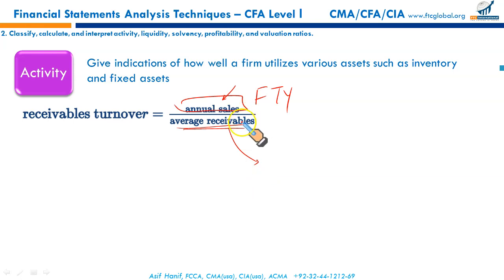So instead of just using a balance sheet number, if it is possible, calculate the average receivable: take the opening balance of receivables plus closing balance of receivables and divide it by 2. Remember, you have to take the net average receivables after deducting the allowance for uncollectible accounts. Net credit sales, ideally, if not given, take the annual sales, and in the denominator, take the net average receivables.